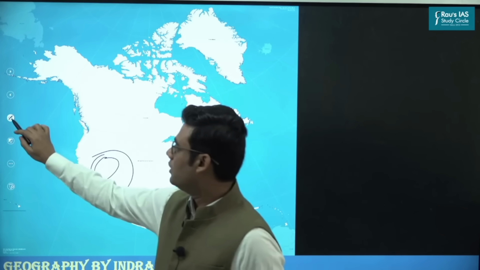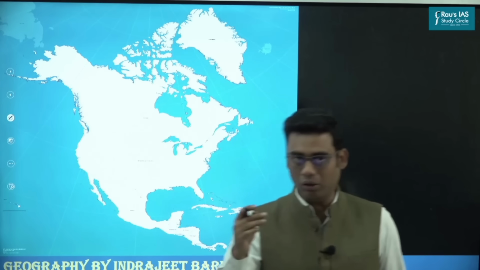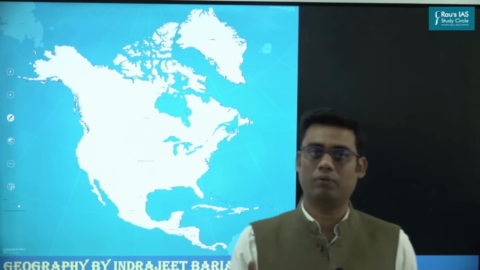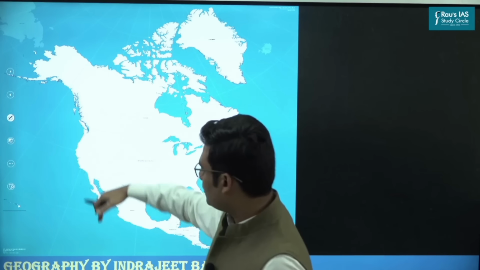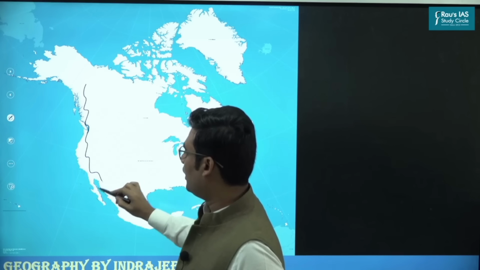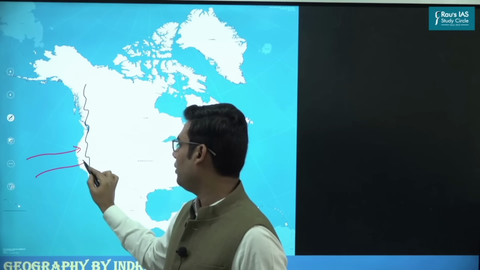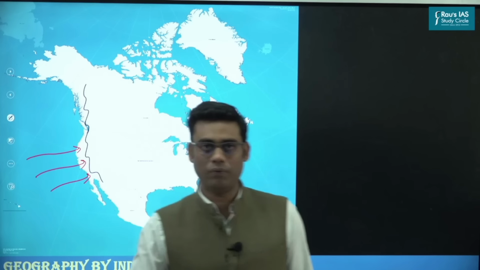Now, all the deserts in North America are a result of being in the rain shadow region of the mountains, because the Western Cordilleras lie here. So let's say the Western Cordilleras lying over here, and the moisture laden winds coming from the Pacific Ocean.